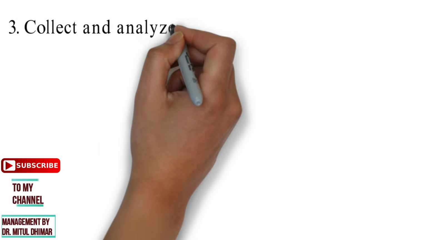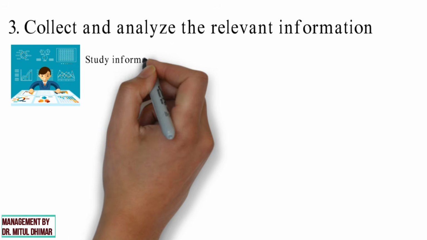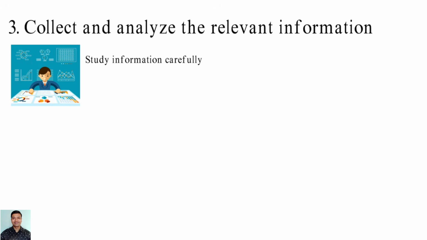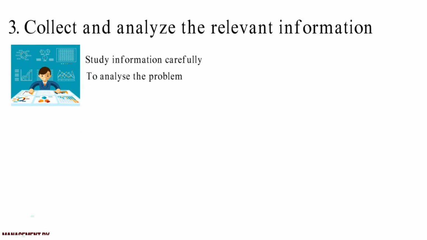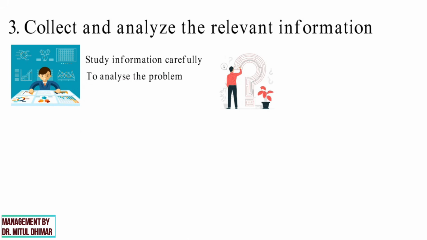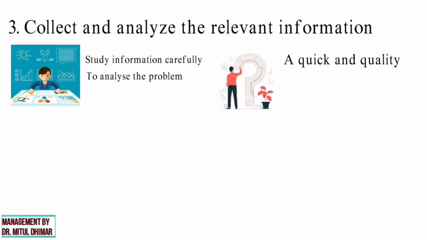Step number 3. Collect and analyze the relevant information. The manager must study the information very carefully. It is very useful to analyze the problem from different angles. If the problem is analyzed from different angles, a quick and quality decision can be made by the manager.